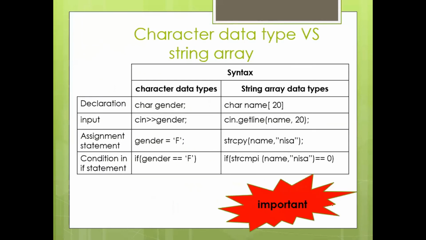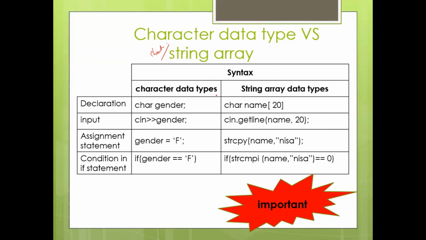Okay guys, kat sini saya ada buat nota lah, nota kaki kita gelar character data type vs string array, okay, ataupun character array. Saya nak buat perbezaan dua benda ni sebab mesti you keliru benda yang sama, tapi dia punya syntax sangat-sangat berbeza dekat setiap statement.